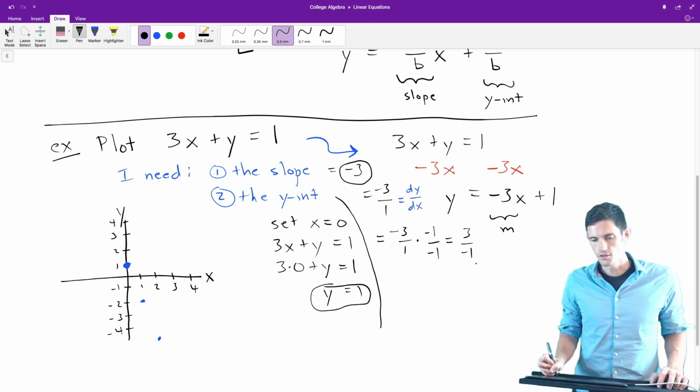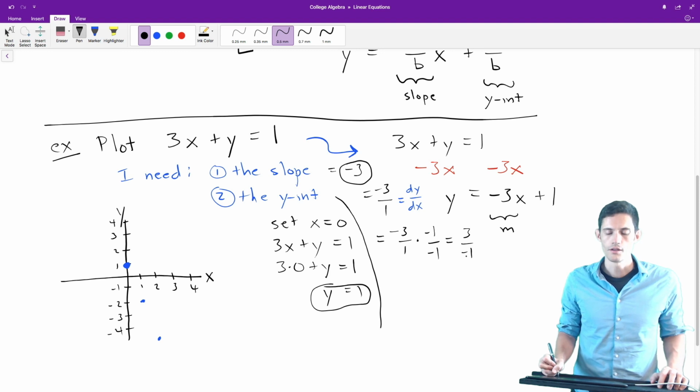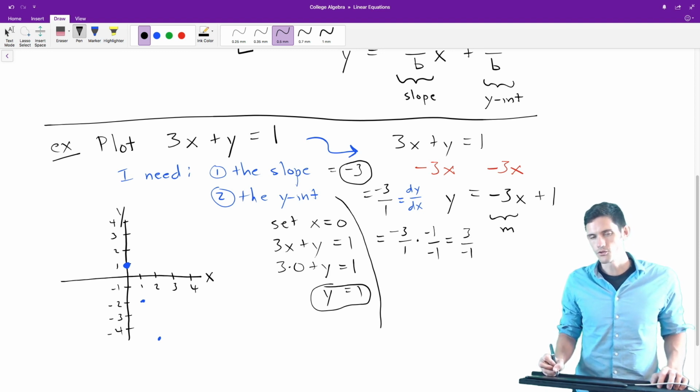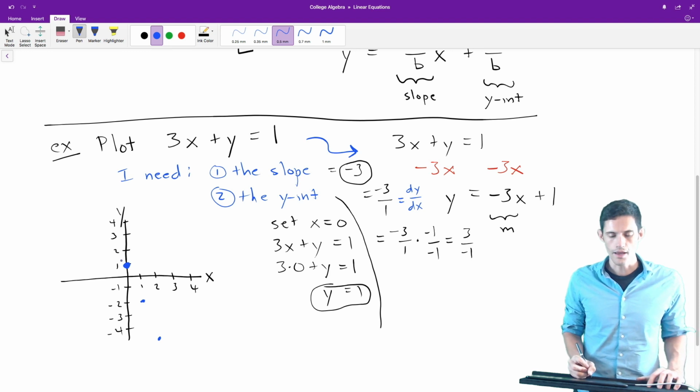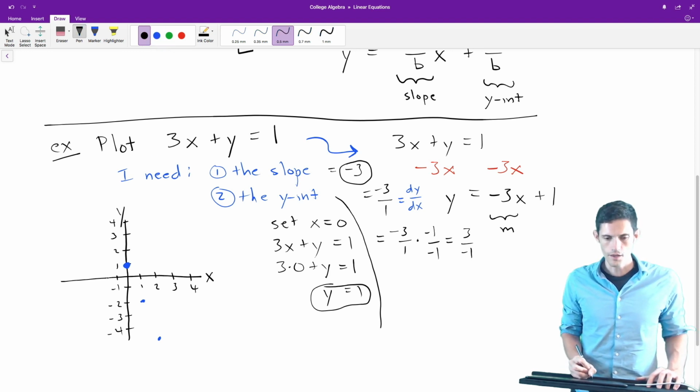So this is just another way to write -3, a different ratio with different numbers. But if you think about it in terms of the slope, now the change in y is 3 and the change in x is -1. So now if I were to start at this point on the y-axis, and let me draw some negative x values.